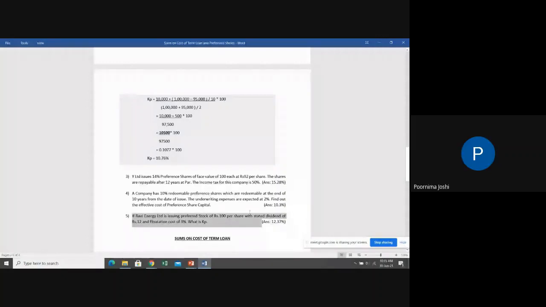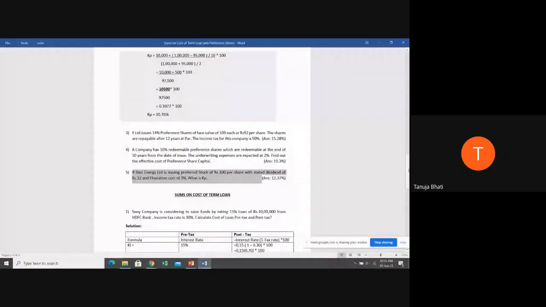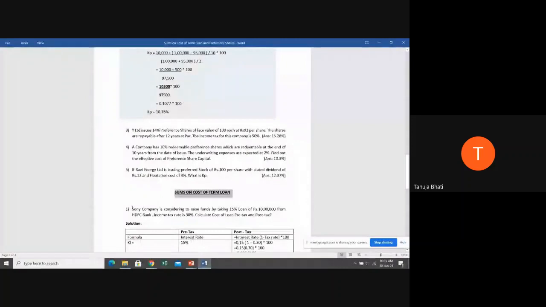Okay, now let us see a sum on cost of term loans. Sony company is considering to raise funds by taking a 15% loan of rupees 10 lakhs from HDFC Bank. The income tax rate is 30%.